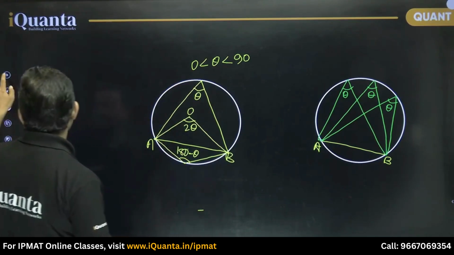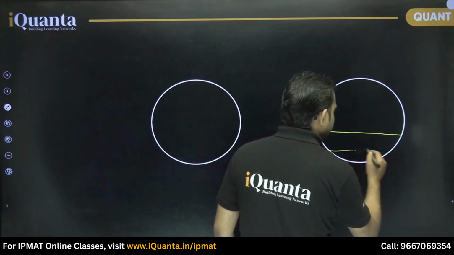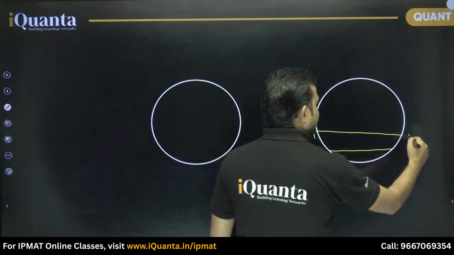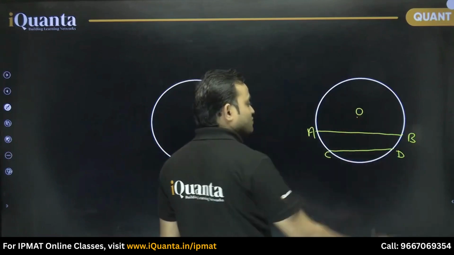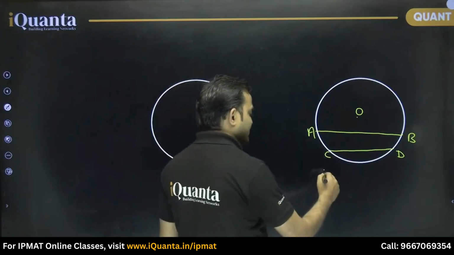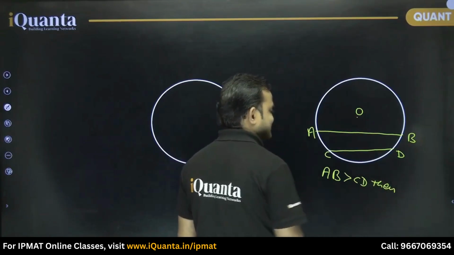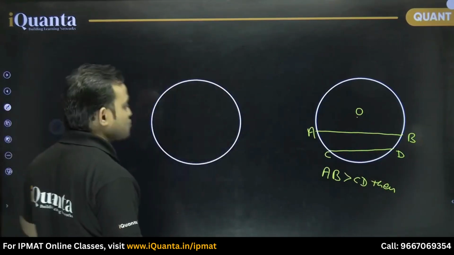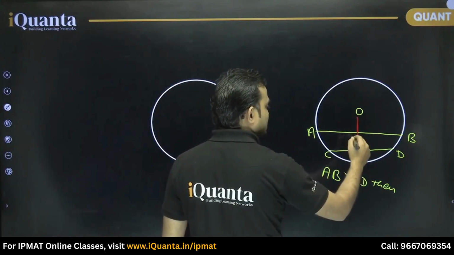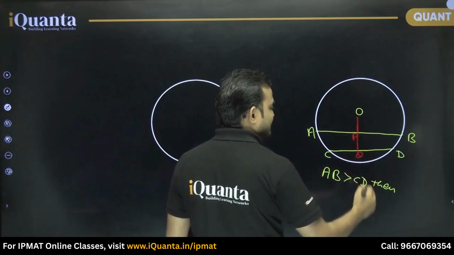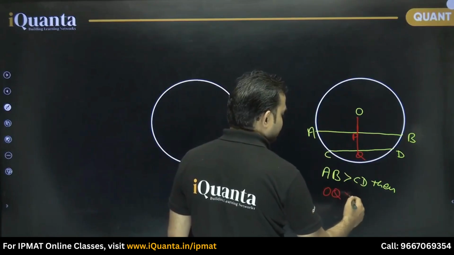Okay, now more properties of chords. So let's draw 2 chords, chord AB and chord CD, and this is the center O. Then we can say that if AB is greater than CD, then the perpendicular lengths drawn from the center to these chords, let's say this is P and this is Q, we can say OQ will be greater than OP.